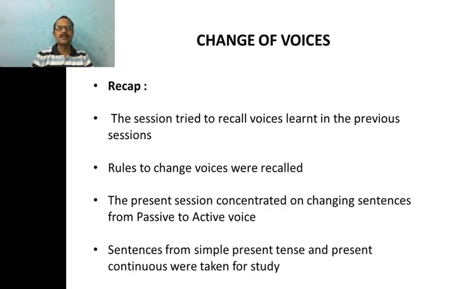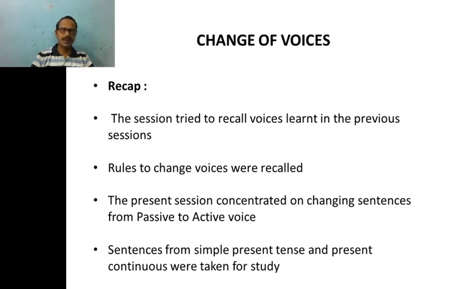We shall stop here, and before we wind up, let us quickly recap what we tried to learn in this particular session. Obviously, we tried to recall voices learned in the previous sessions, and the rules to change a sentence from active to passive. Then the present session concentrated on changing sentences from passive to active.